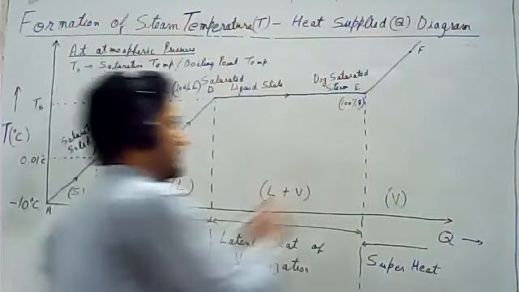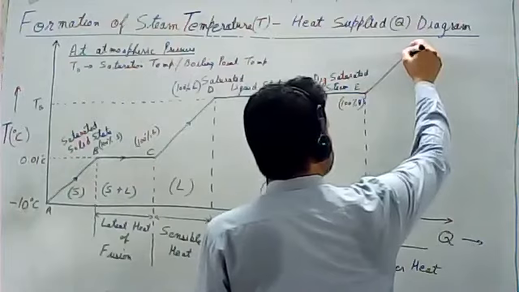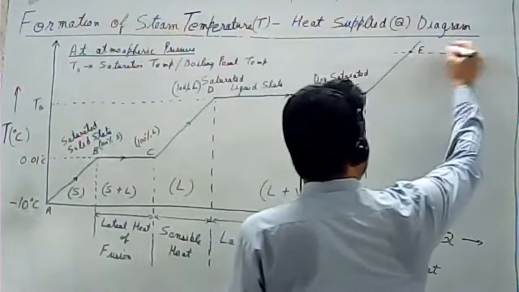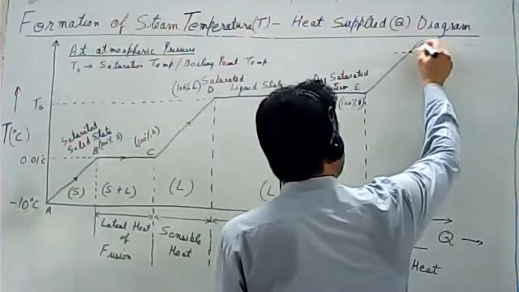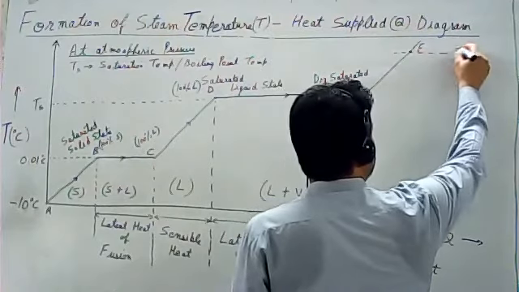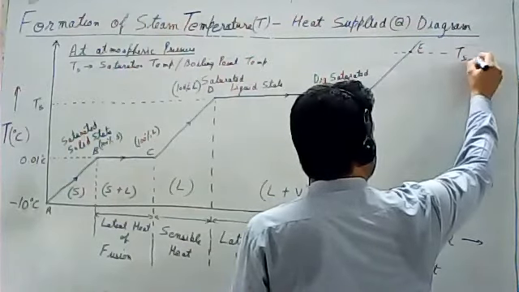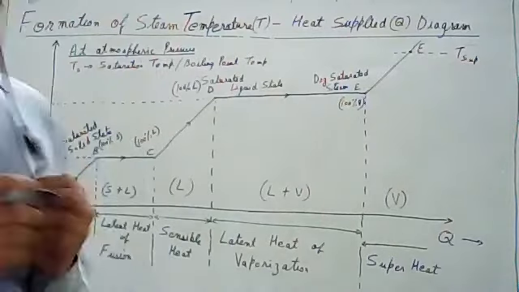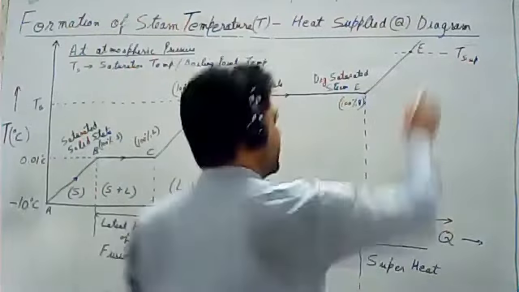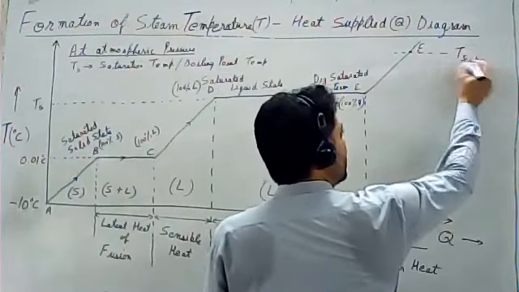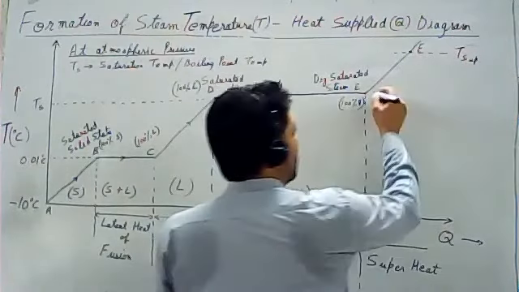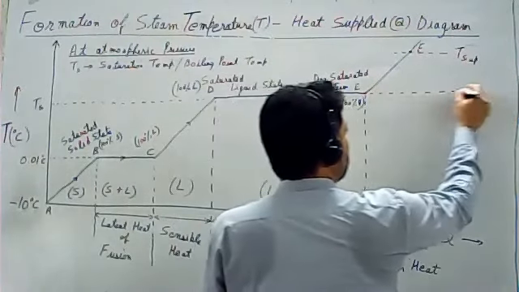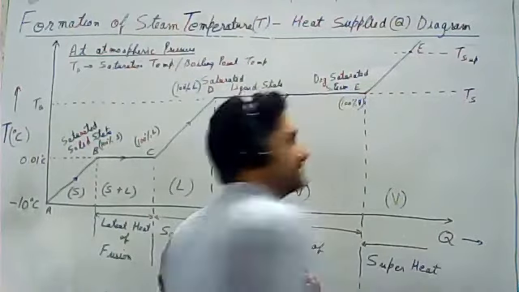Now suppose this is your F point. The temperature here is T superheat, T subscript SUP, and the temperature at this point is Ts, your saturation temperature.